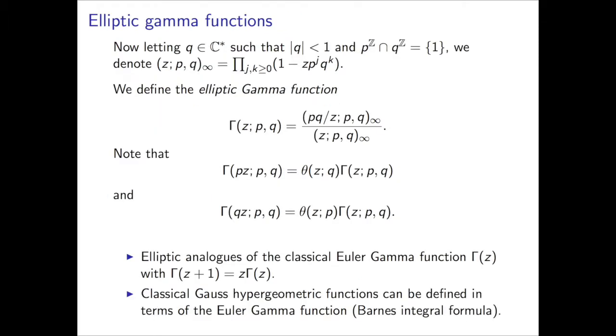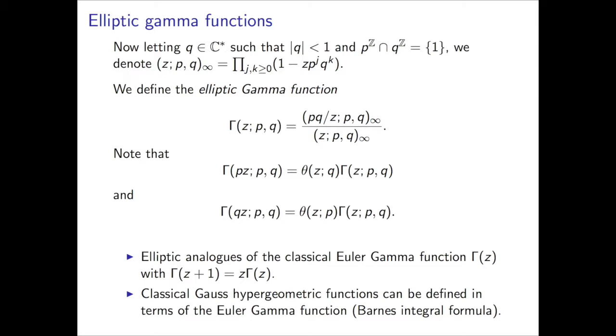So now I want to use the theta functions to first define what are called elliptic gamma functions, and then those are going to be used to define finally the functions that we care about, the elliptic hypergeometric ones. So at first you define some kind of infinite product that's similar to the one used to define the theta function itself, but now it has two different parameters, the old p and then also a q, and it's defined in this way. I didn't think about what the zeros are, so let me not tell you.